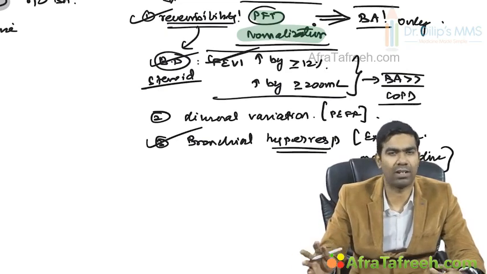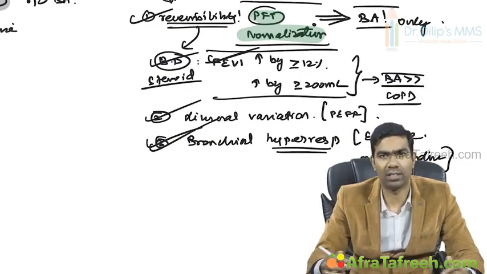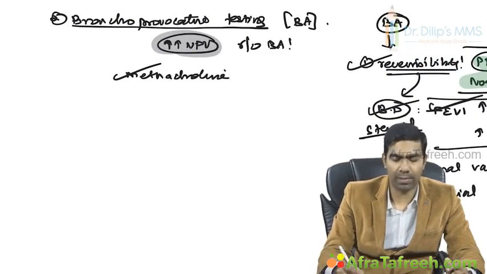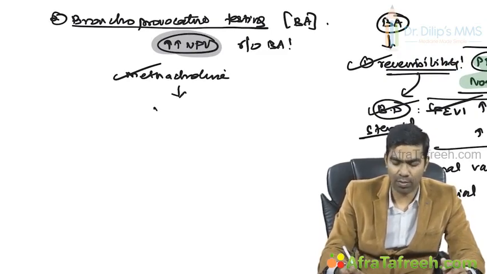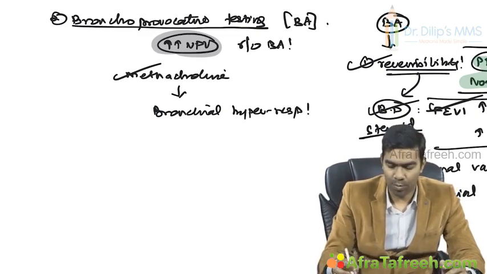It can be seen in certain patients with COPD, but anyway, at least in the exam you answer it's bronchial asthma. So what you are trying to do in bronchoprovocative testing by giving methacholine is to find out the bronchial hyperresponsiveness in bronchial asthma. How?